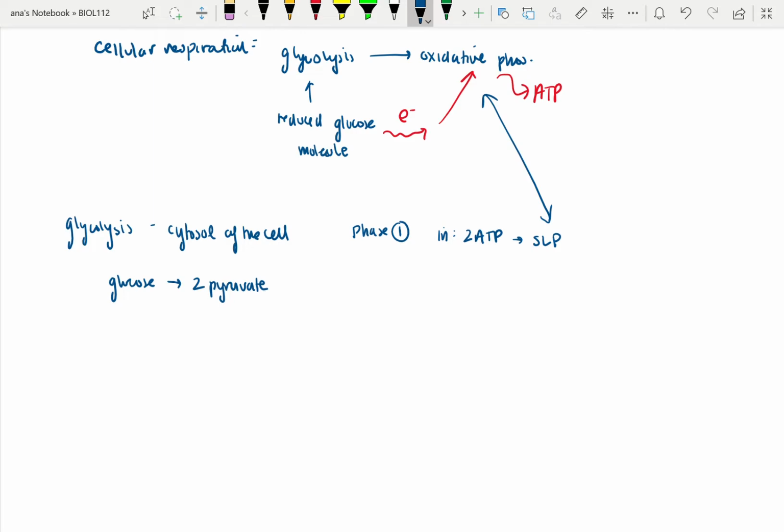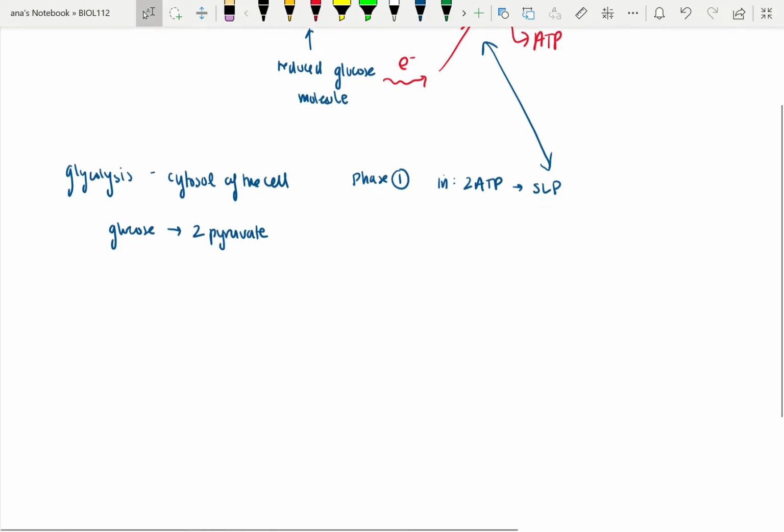Substrate level phosphorylation uses an enzyme, whereas oxidative phosphorylation, as we saw, uses the electron transport chain, a proton gradient, and ATP synthase. So it's a whole complicated, very orchestrated process, whereas substrate level phosphorylation is really just using an enzyme to phosphorylate something. So in phase 1, we're inputting these 2 ATPs, and that phosphorylation is occurring by substrate level phosphorylation.